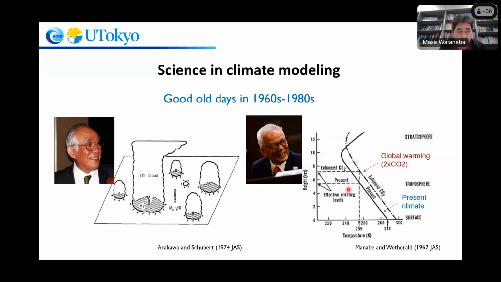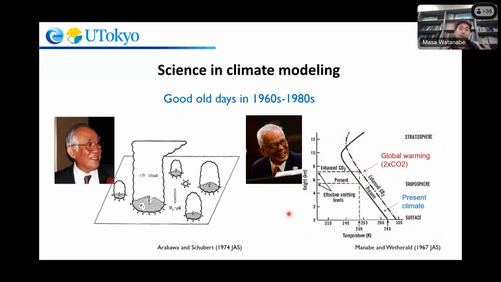And here we go back to the old days of climate modeling in the 1960s. I adopt here two Japanese giants in climate modeling, Akio Arakawa and Syukuro Manabe. You would be familiar with what they did about the convective parameterization or building the one-dimensional radiative convective equilibrium model to explore how the temperature profile responds to the doubling of CO2.